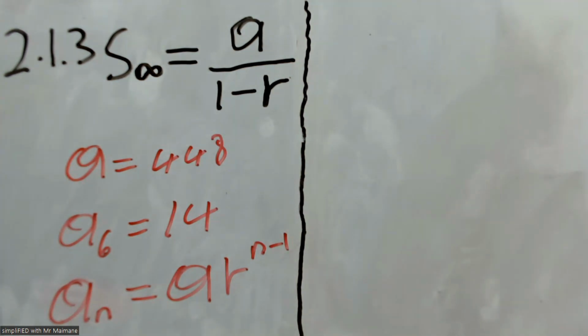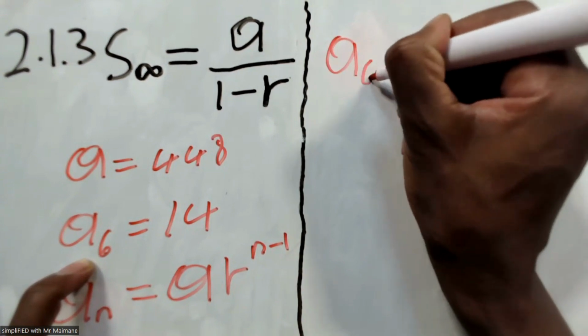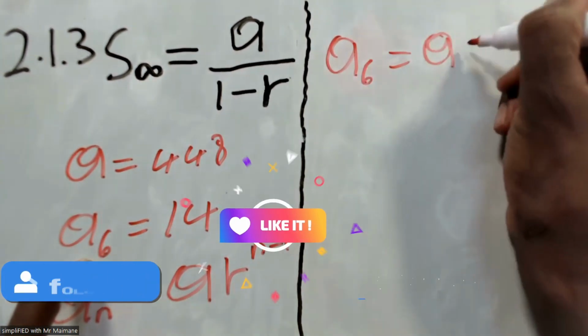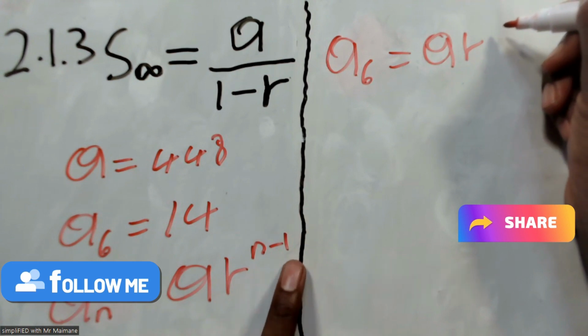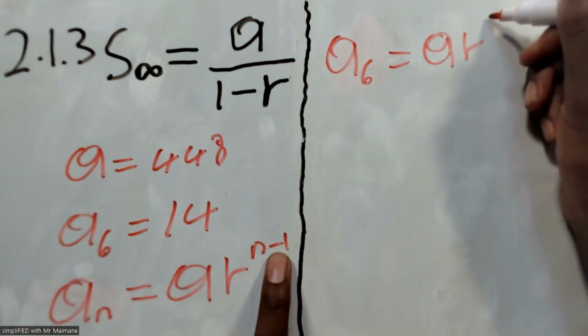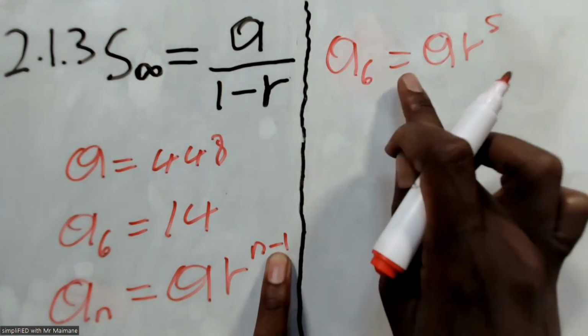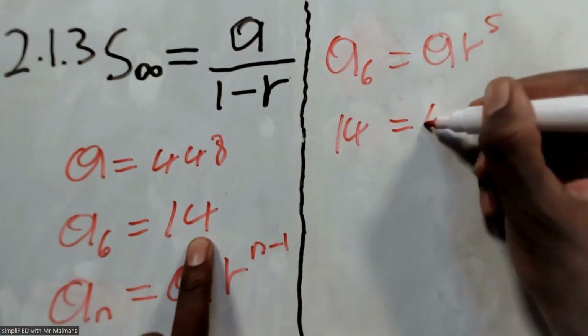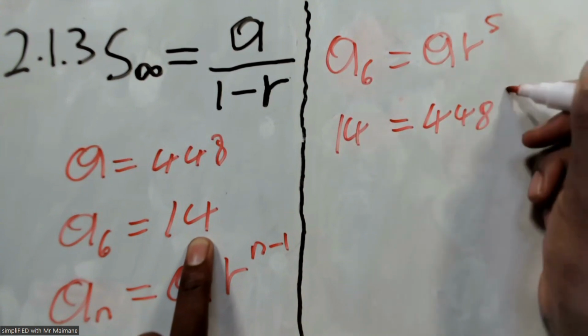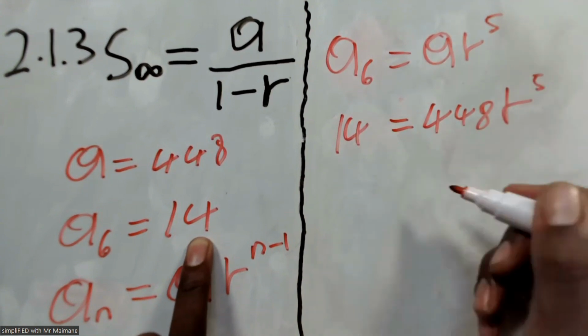To get that, we're going to use A6 again. We know that A6 equals A R to the n minus 1, and n minus 1 is 6 minus 1, which is 5. So A6 is going to be A R to the exponent 5, and the value of A is 448, so 448 R to the exponent 5.